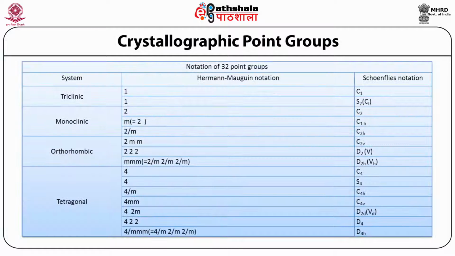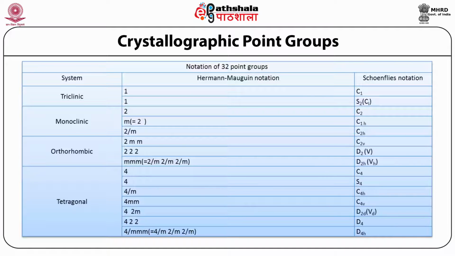Table 3.2 shows notation of 32 point groups. The first column refers to system, the second column refers to Hermann-Mauguin notation, and the third refers to Schoenflies notation.